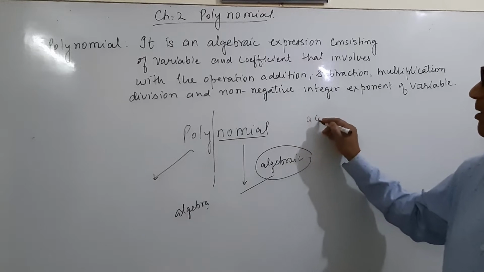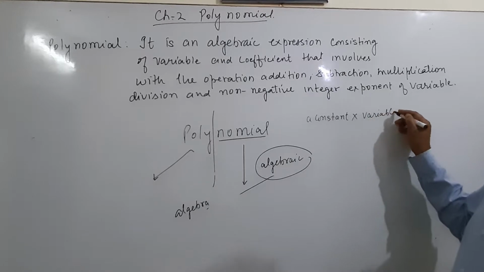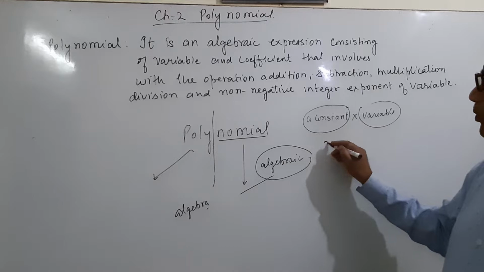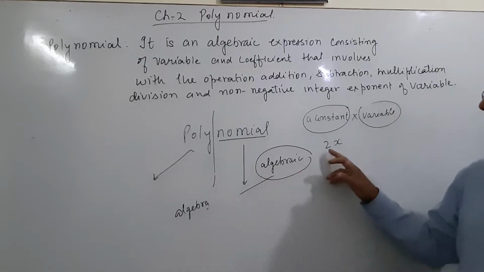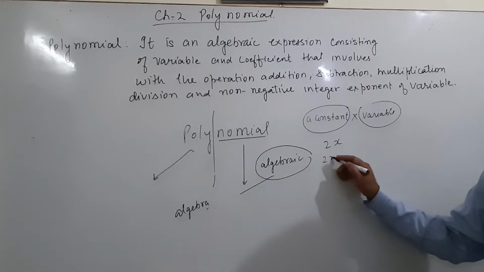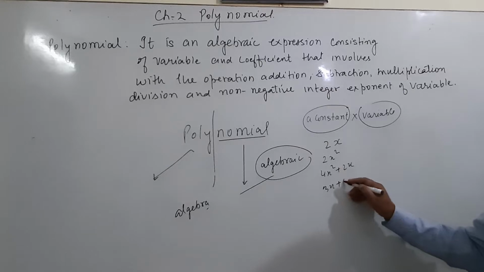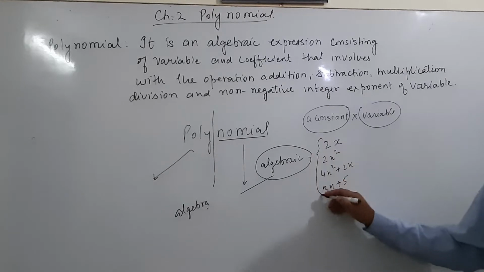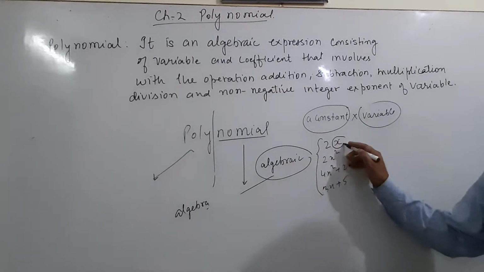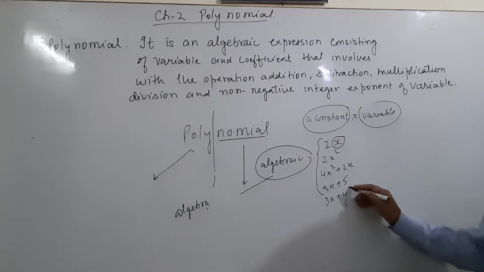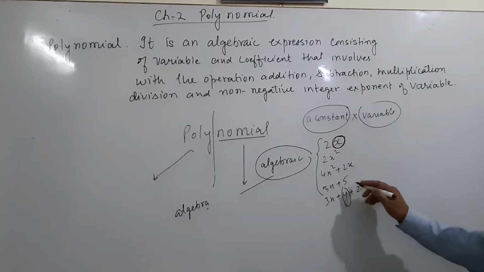A constant into a variable. Means when we express algebra in the form of 2x or in the form of 2x square, or in the form of 4x square plus 2x, or in the form of 3x plus 5, these are all algebraic expressions which consist of x, or it may also be 3x plus y plus z, which consist of x, y and z.